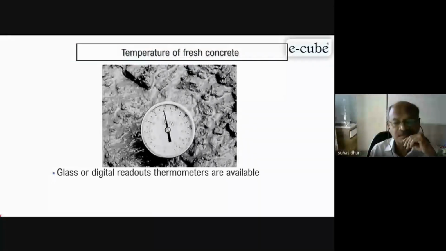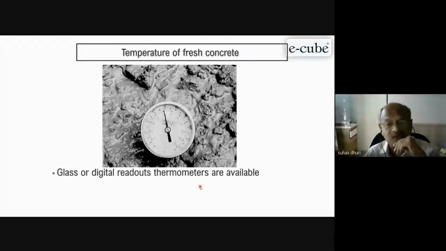So such temperature indicators are available. We have to measure that. But when you go, you should take an appropriate reading of this particular thing.